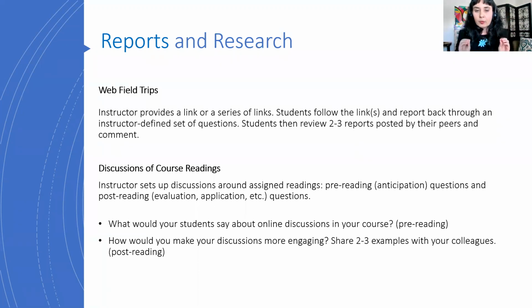And then after that, I would post a second question. How would you make your discussions more engaging? Share 2 or 3 examples with your colleagues, and that would be that post-reading type question, and you would comment. I've done discussions when I didn't use these 2 types of questions, pre-reading and post-reading, and I've done discussions where I did that setup.